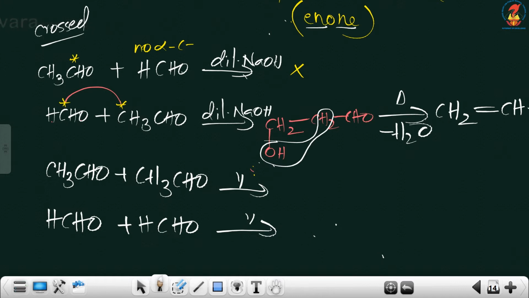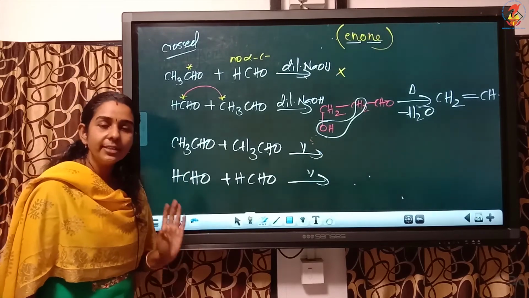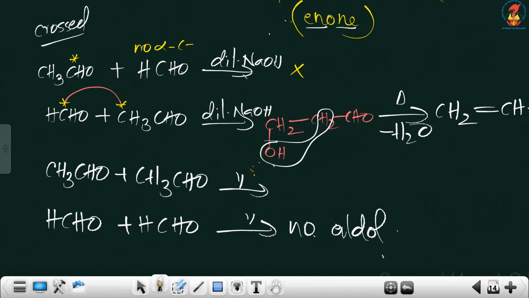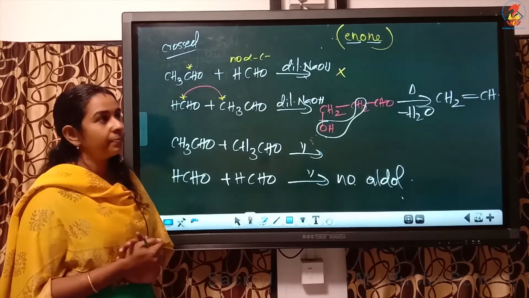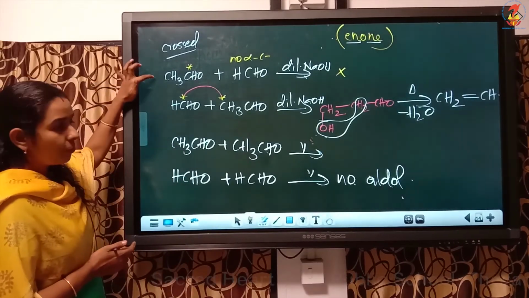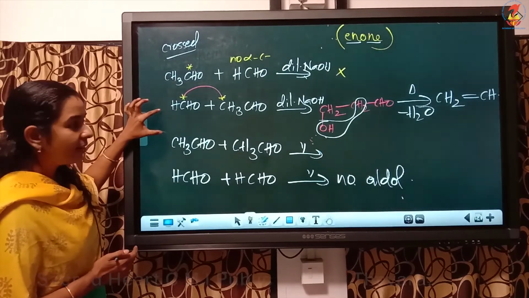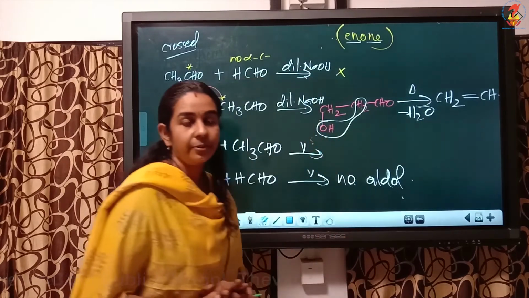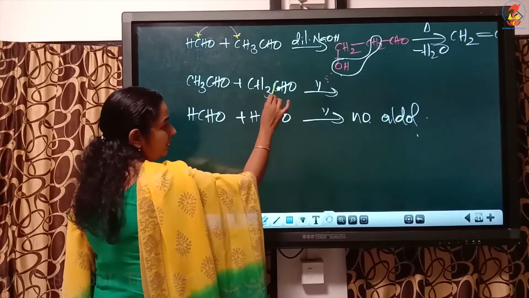Formaldehyde doesn't contain any alpha hydrogen. So such two formaldehydes reacting, definitely we can write no aldol. At least one molecule must possess alpha hydrogen. So here there is no product, here there is no product. So only how many products are we getting? One product here and one product here. So remember and note down as the second point.